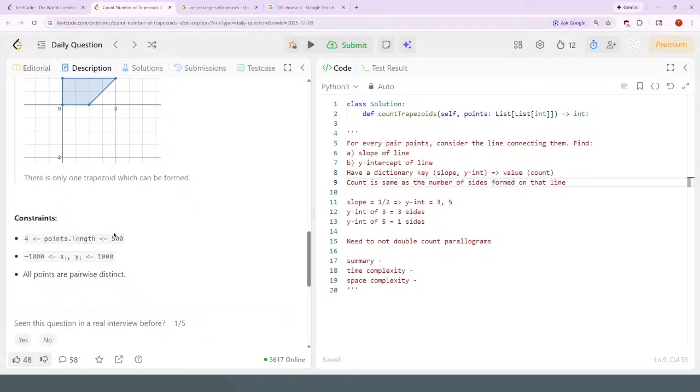Like I was thinking maybe storing the indices of the points and then having a 4-value tuple to identify whether or not I've registered a particular quadrilateral as a trapezoid, and then incrementing the count if that's the unique addition to the set.